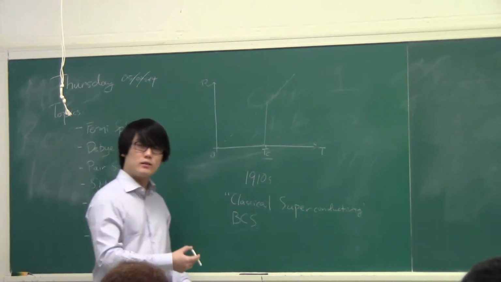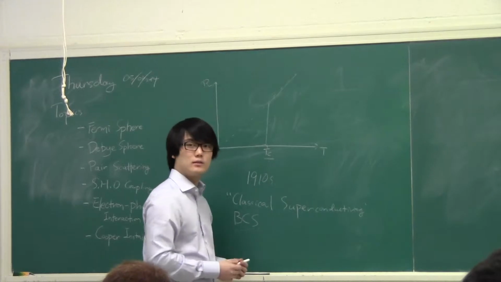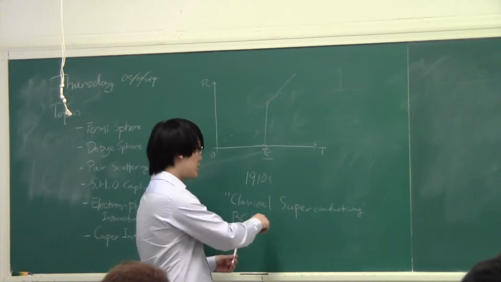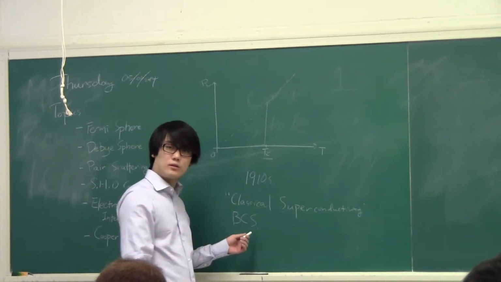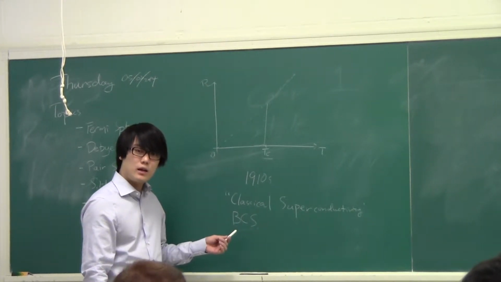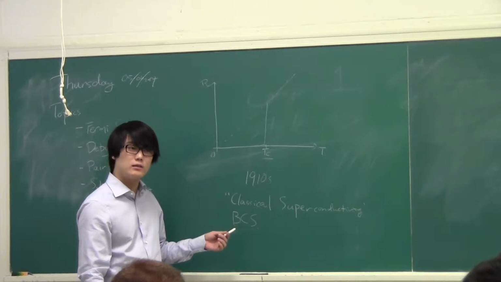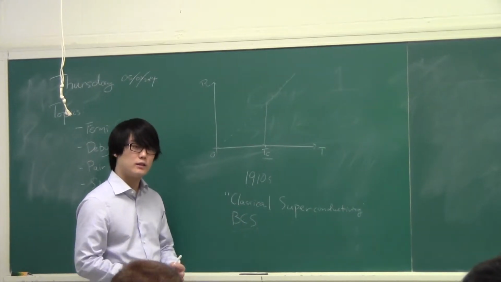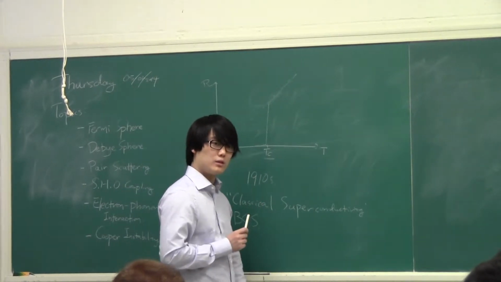Okay. Now later in the 1970s and the 1980s, people found these so-called exotic superconductors, which are not very well described by the BCS theory. And they have transition temperatures as high as maybe 70 or 80 Kelvin-ish. Okay? And those we're not going to be talking about today.